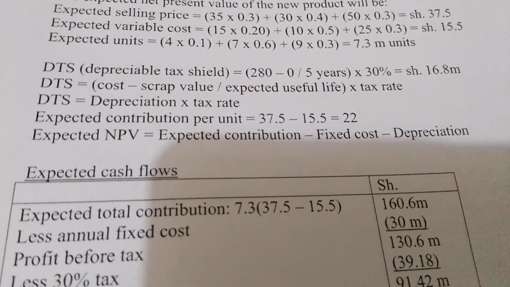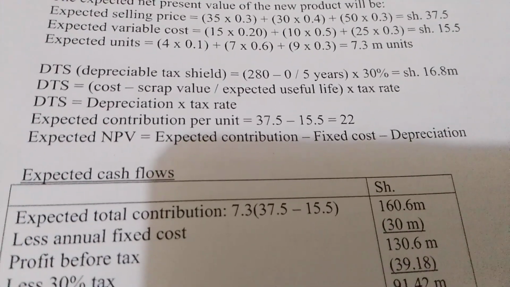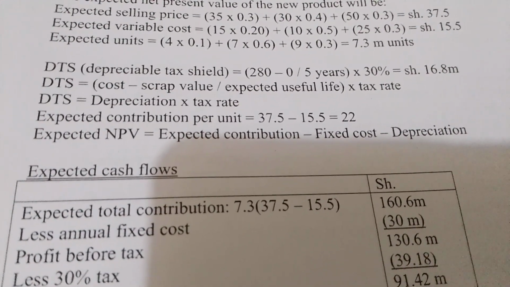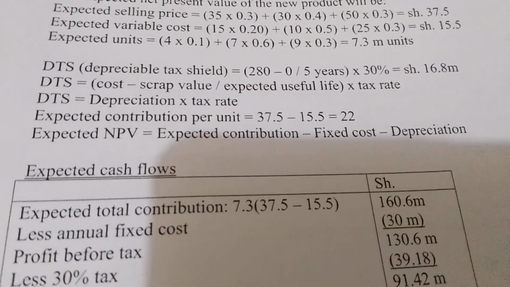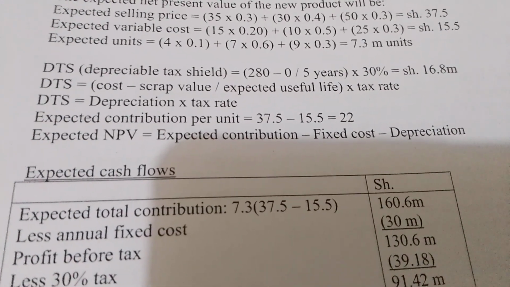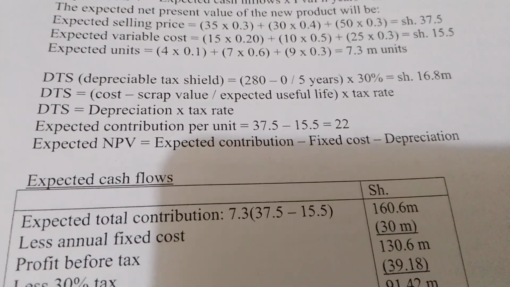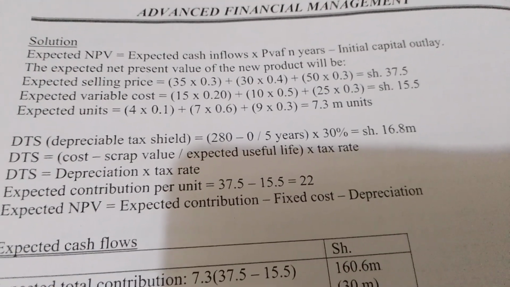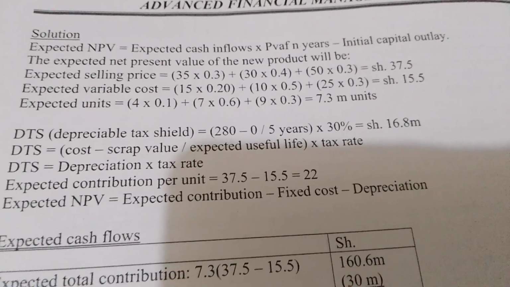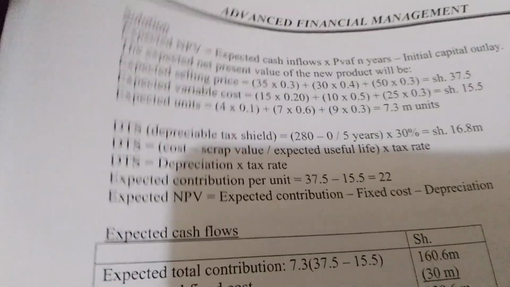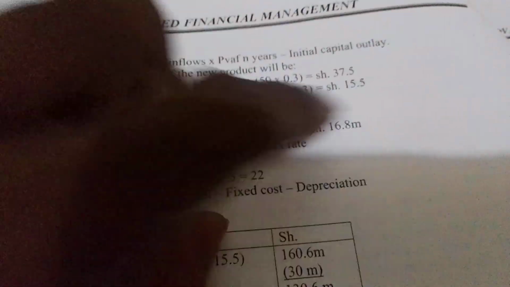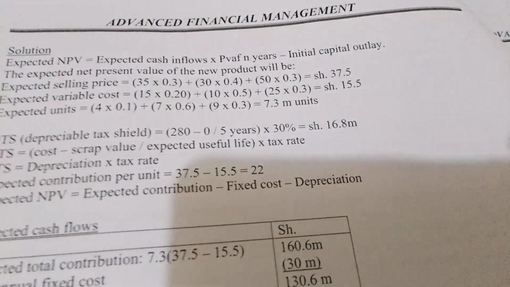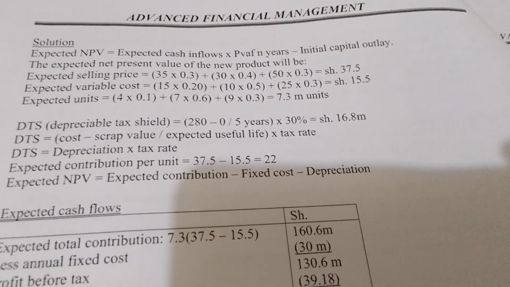Now, the expected contribution per unit, we know that contribution is given by selling price per unit minus variable cost per unit. So for the expected contribution per unit you can see we started by calculating expected selling price, which we got, this figure here, 37.5.